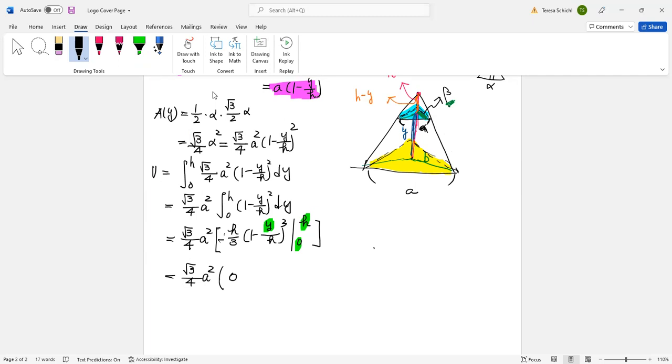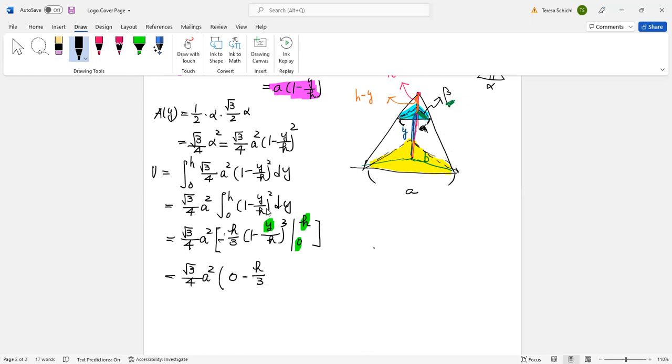Then when you put y equal to 0 here, what do you have? You're going to have a minus, then h over 3.